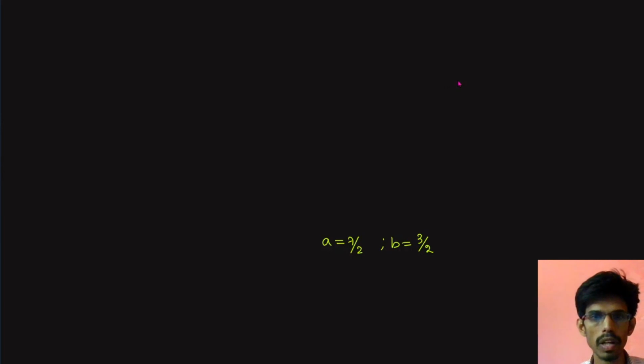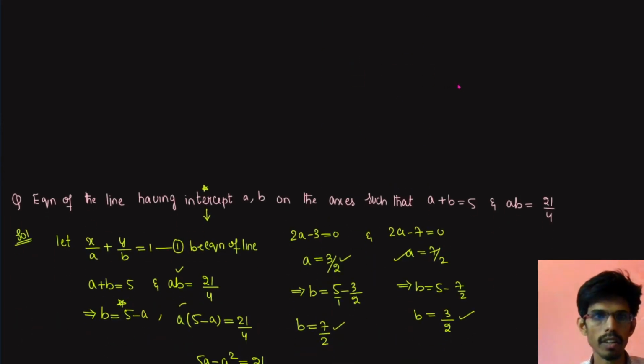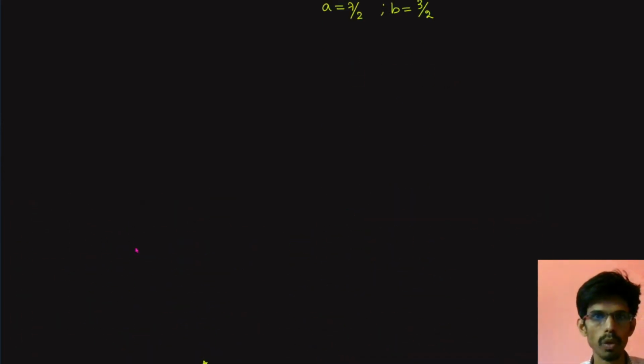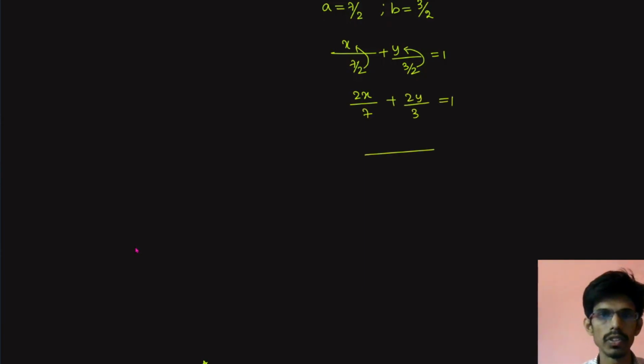Now put these two values in equation 1. Equation 1 is x by a plus y by b is 1. So this will become 2x by 7 plus 2y by 3 is equal to 1. Now take LCM, 7 threes will be 21.